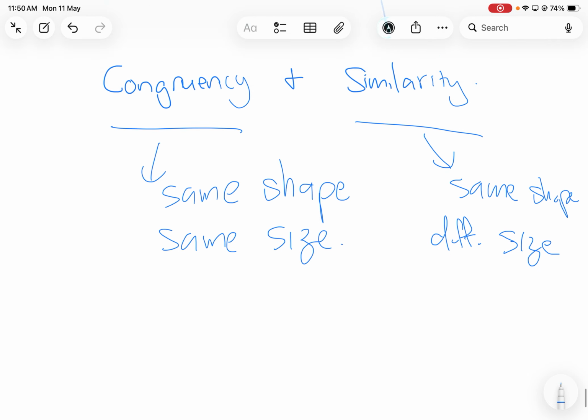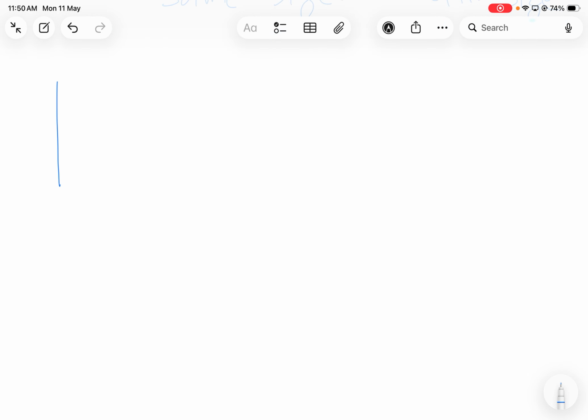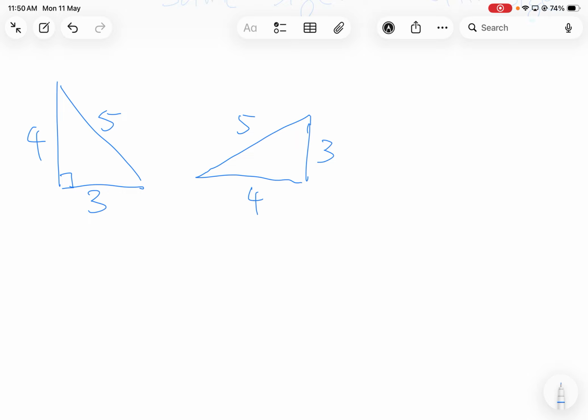Meaning, if I have congruency first, if I have a right angle triangle, then I have another right angle triangle, but this time I place it like that. Although it may be rotated, it may be placed differently, these two triangles have the exact same shape and same size. So let's say this one is triangle ABC, this one is triangle DEF.